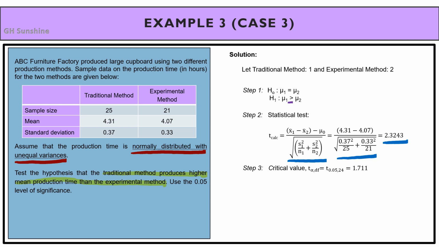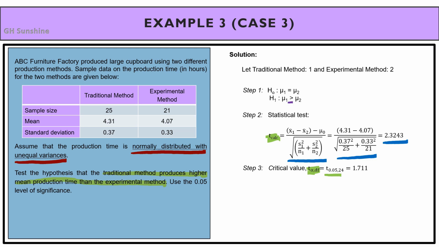So here, T value for critical value. So from the T table, when alpha equal to 0.05 and then degree of freedom equal to 24, why 24?